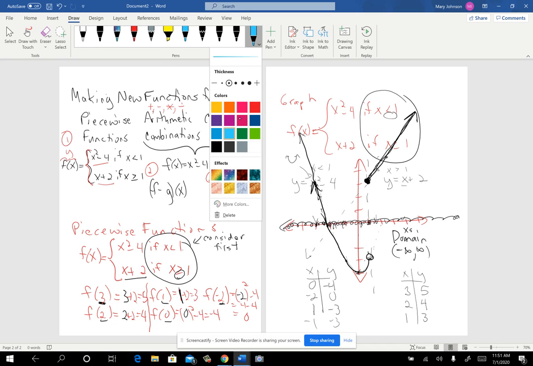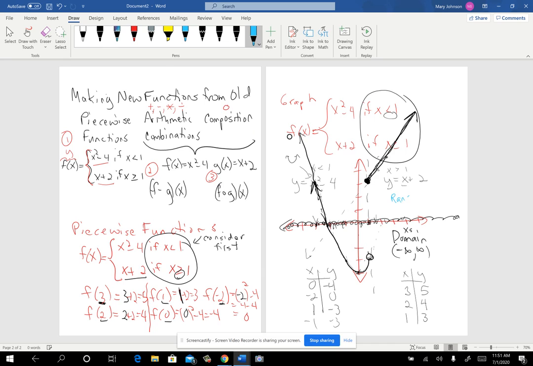Okay. So for range, we should be thinking about the y's. So we should be thinking about the y coordinates of these points. And so like this point would have a y coordinate here. This point though would have a y coordinate there. It looks like there's a gap in the graph, but these points really fill in that gap. See how all of those would have y coordinates that we would obtain?